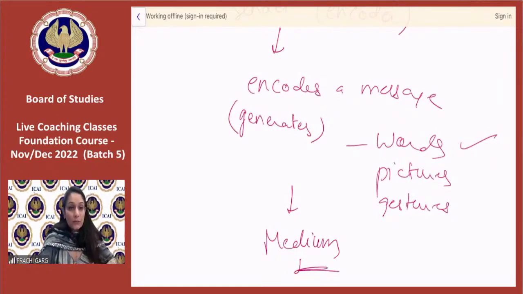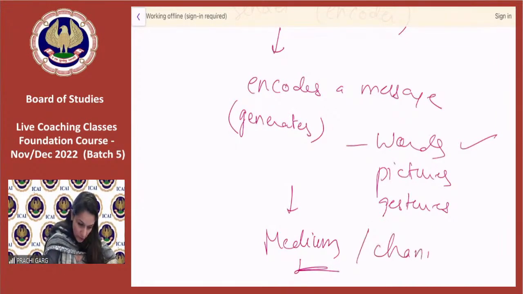That medium could be face to face, telephone, internet, post, fax, email, anything, orally or in writing. Whatever the sender decides is the medium, or the channel, through which the message needs to be sent.